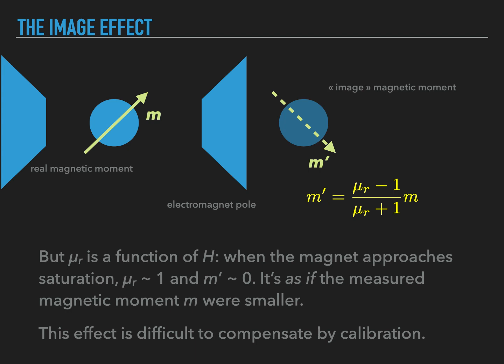The magnetic field generated by the sample perturbs the state of the magnetic material of the electromagnet. The result is a sort of mirror effect. It is as if inside the electromagnet there were another sample with the same magnetic moment but satisfying certain symmetry conditions.